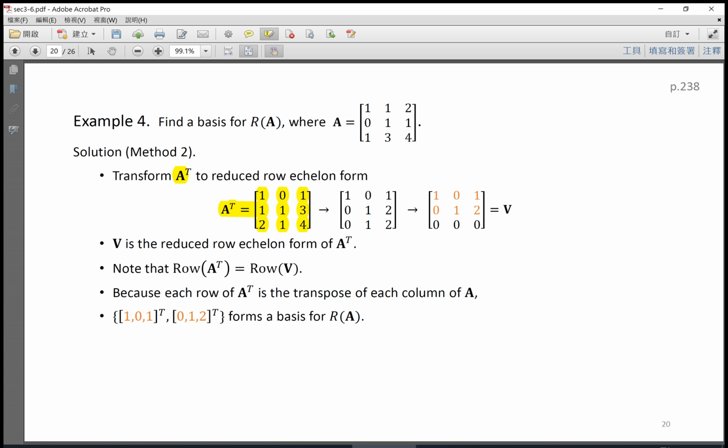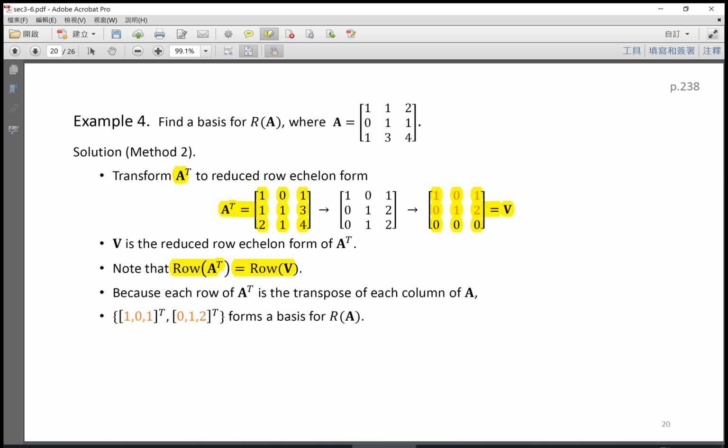Then we compute the reduced row echelon form of A transpose, which is denoted by V. And note that the row space of A transpose equals the row space of the matrix V, since row operations will not change row space, and V is the reduced row echelon form of A transpose.